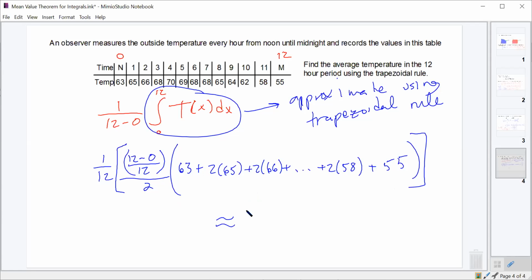And you guys have calculators. You can tell me what that comes out to be.